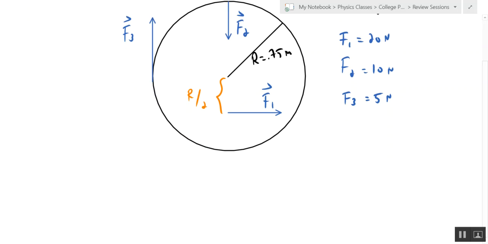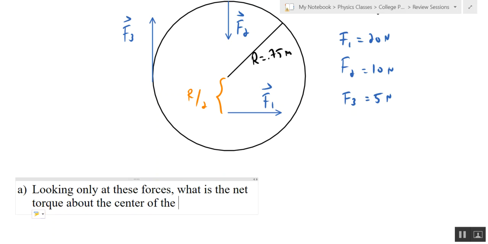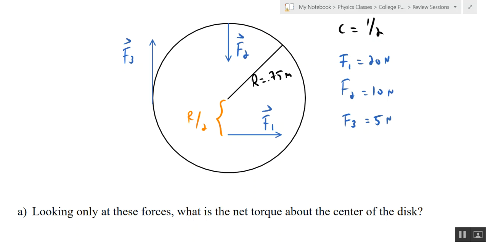So the question is, just looking at these forces, in other words, you ignore every other force, what is the net torque about the center of the disk? All right, does anyone answer first before I tell you what the answer is?